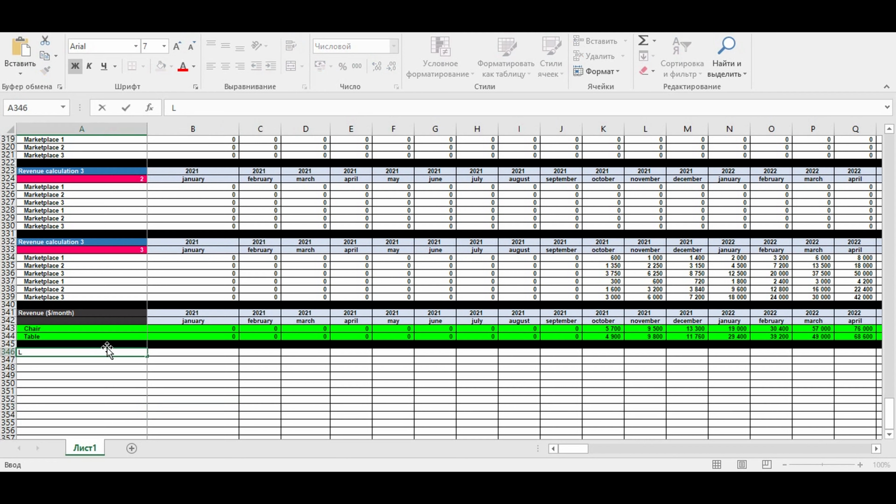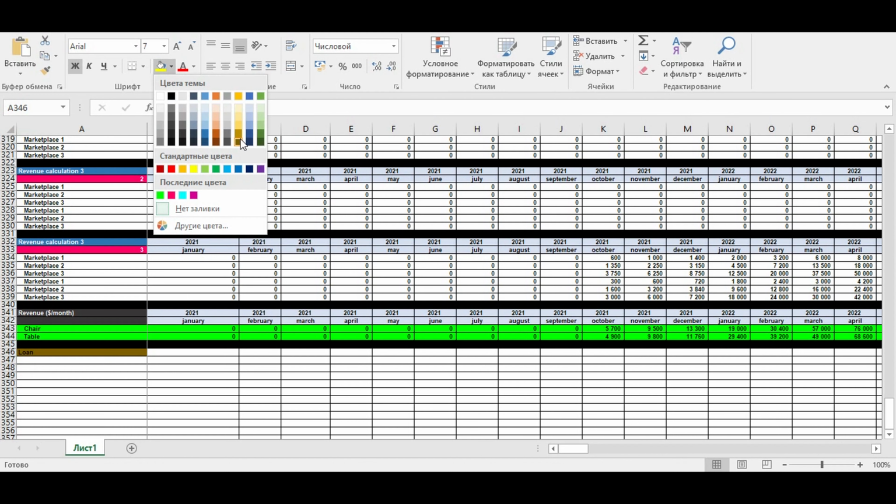First of all, we start a new block of inputs. Let's assign some new color.